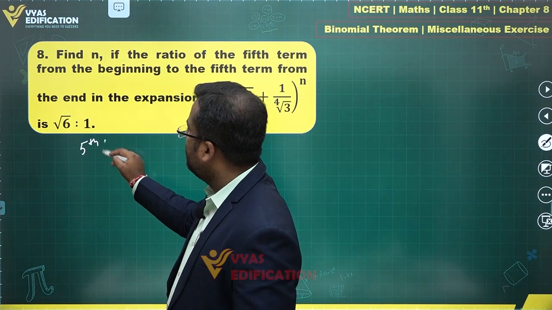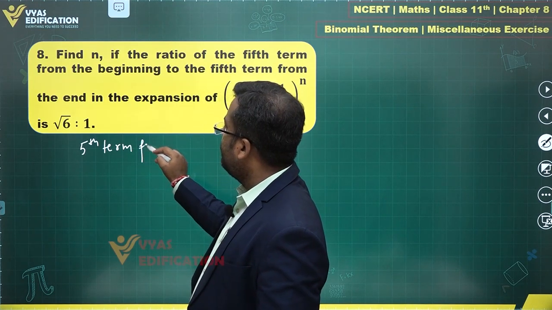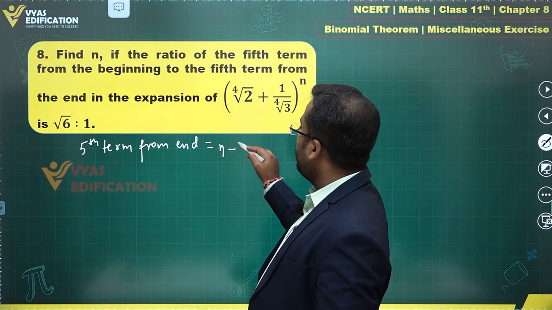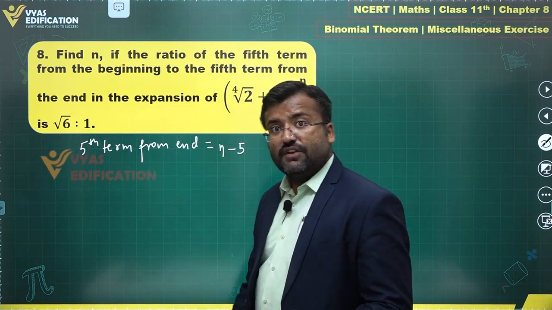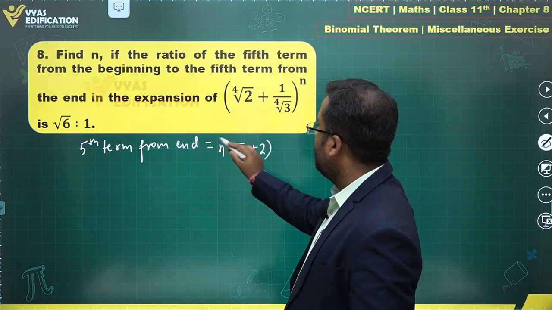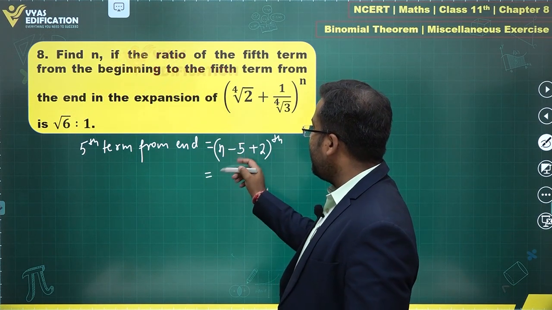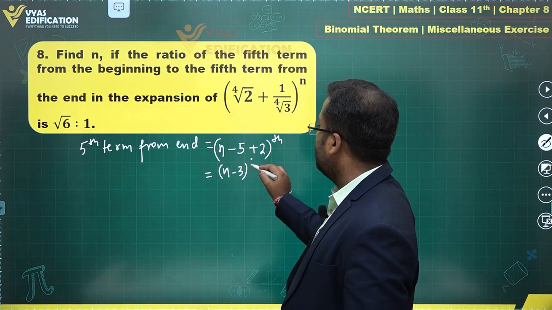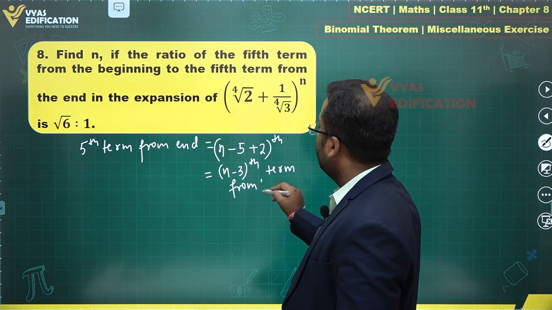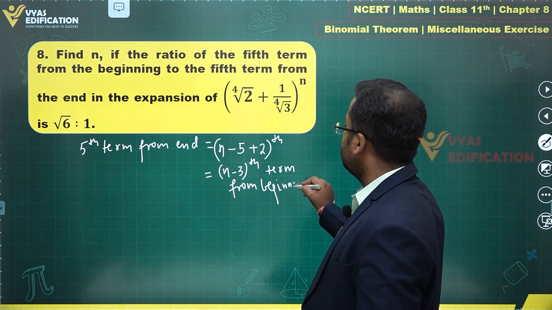The fifth term from the end will be the (n - r + 2)th term, with r = 5, that is actually the (n - 3)th term from the beginning. This is what I observe.